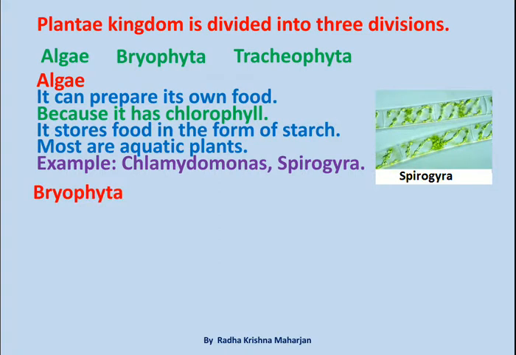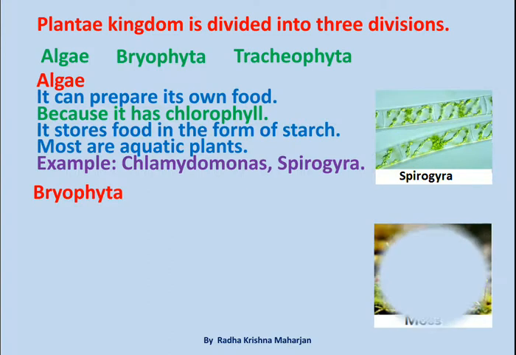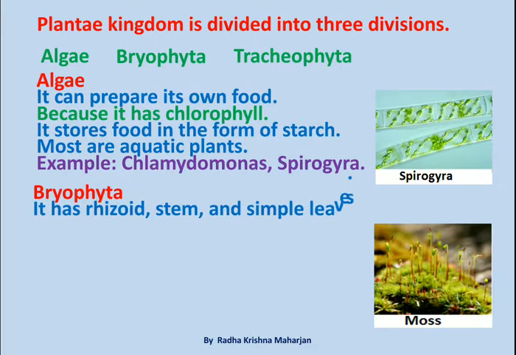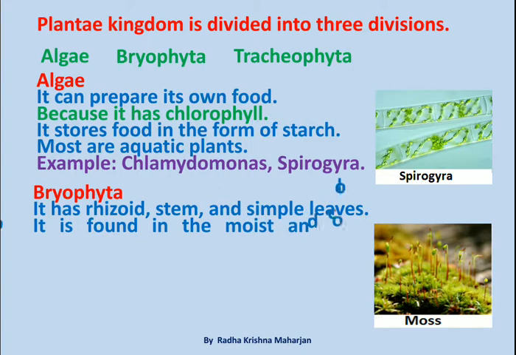Bryophyta. It has rhizoid, stem, and simple leaves. It is found in the moist and cool places.